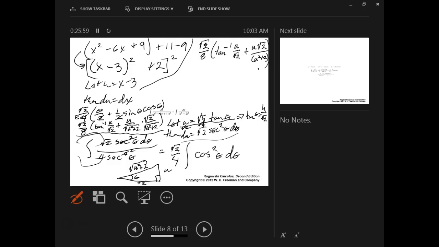So, our answer now appears to be the square root of 2 over 8 times the inverse tangent of x minus 3 over root 2 plus x minus 3 times root 2 over, and guess what? This u squared plus 2, oh, I knew I would need it.